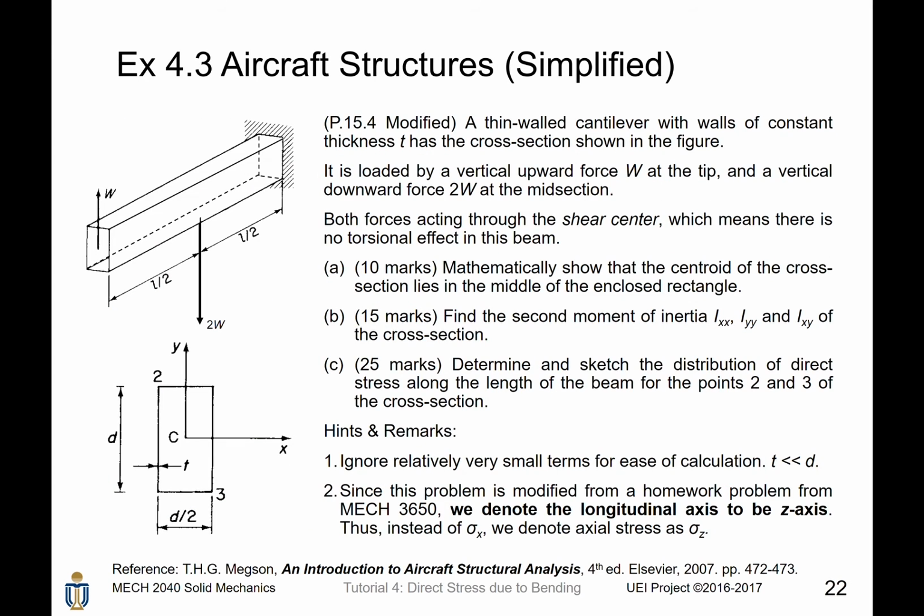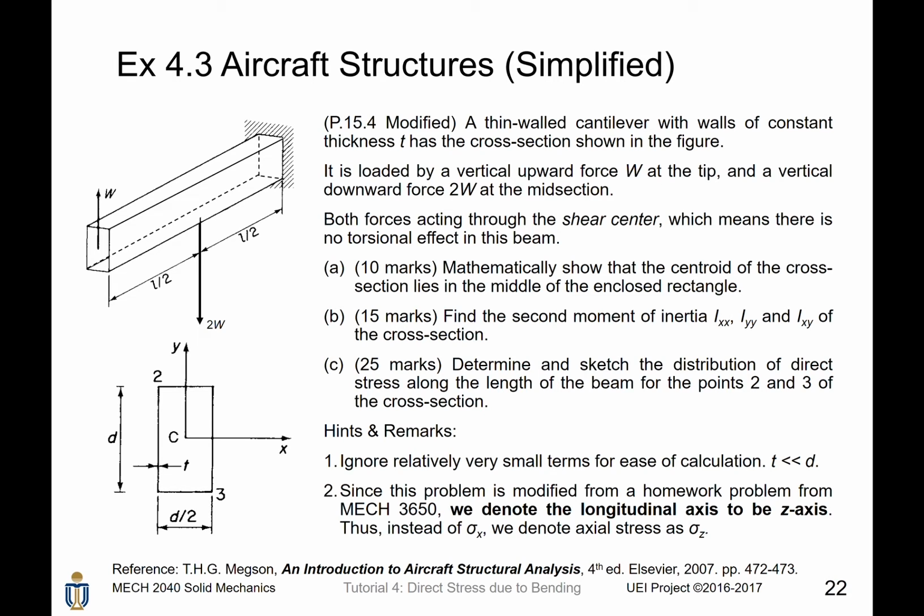Now let's deal with an example of aircraft structures. It is actually a problem that comes from MECH 3650 Aircraft Structures. I simplified this problem such that it is suitable for you to deal with. A thin-walled channel section with walls of constant thickness t has the cross-section shown in the figure.